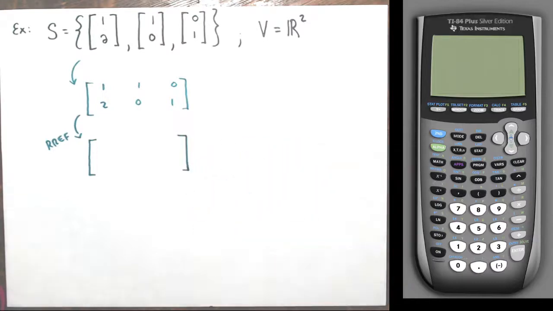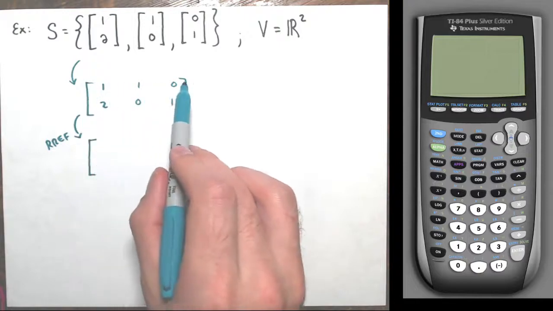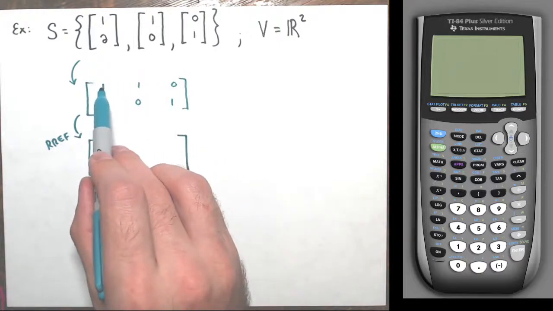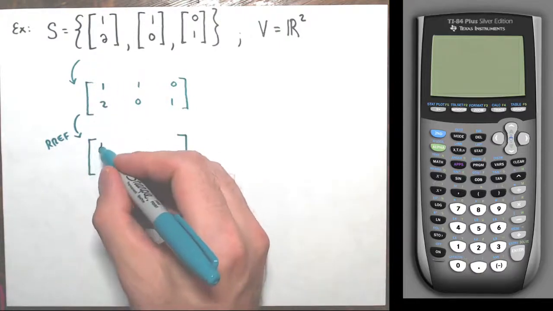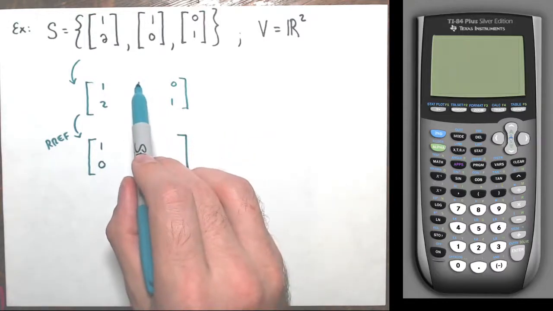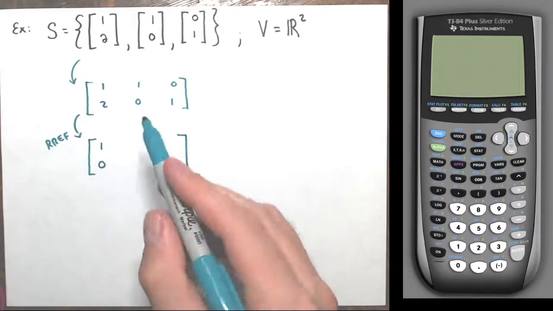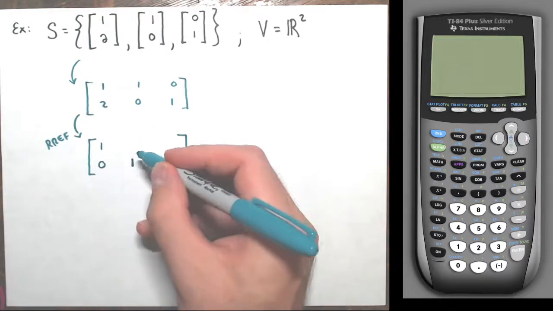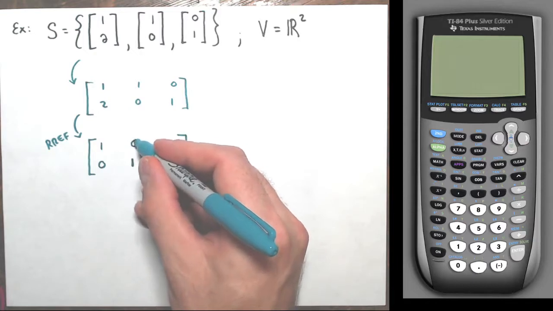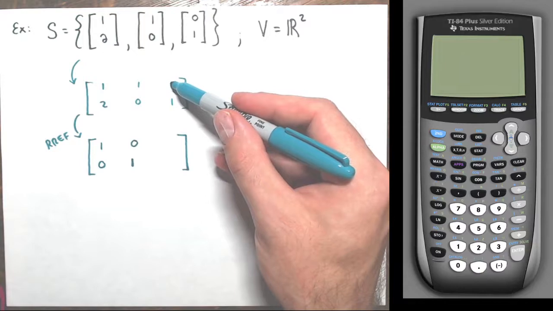Again, this one's not so bad. There's a lead 1. I would multiply this first row by negative 2 and add it to that second row to get a 0 below it. That would put negative 2 here, which I could then multiply the second row by a negative half to give me a 1 here, and then I would be able to clear the 0 above it.